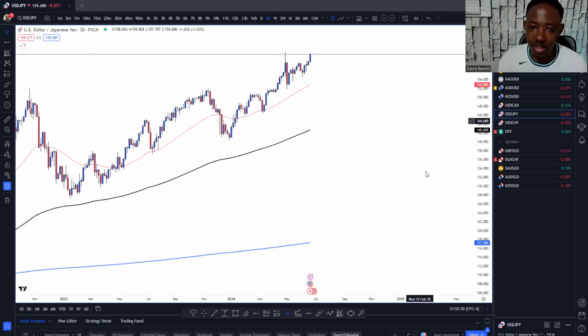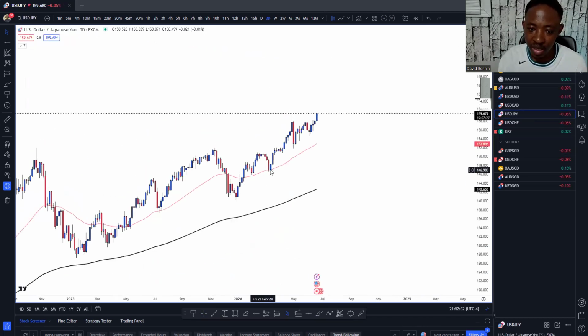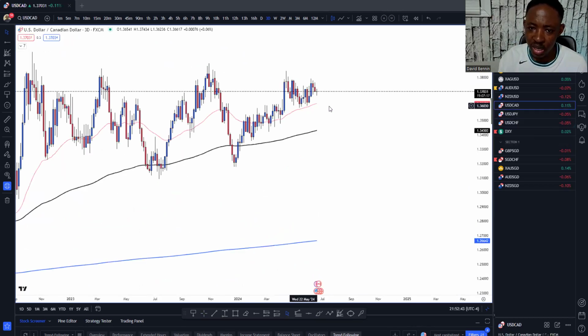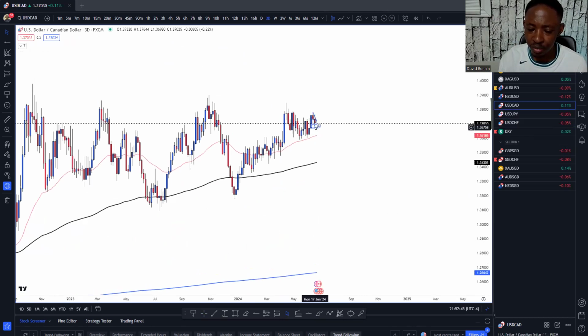If you look at USDJPY, it came to the slow moving average, not the fast moving average, and bounced to the upside. USD CAD also tested this and it's still kind of here.